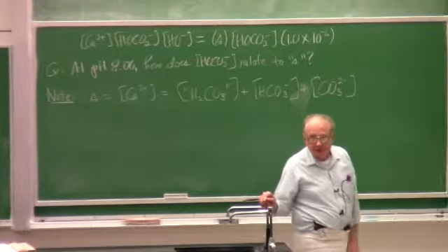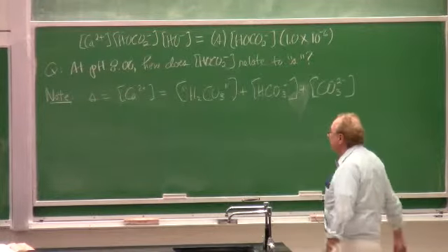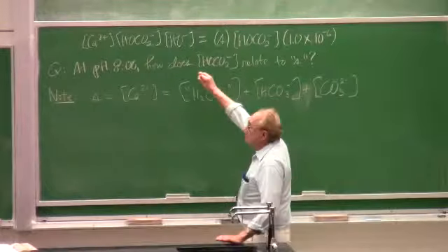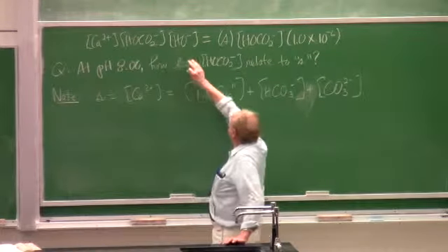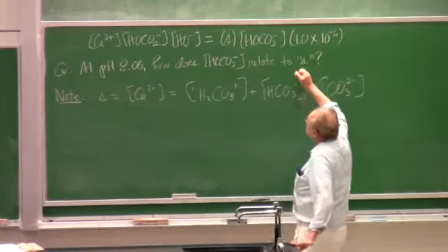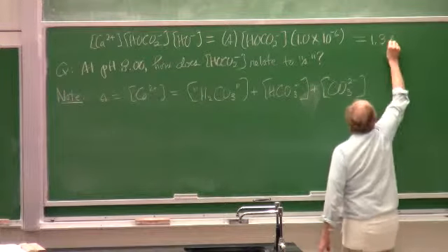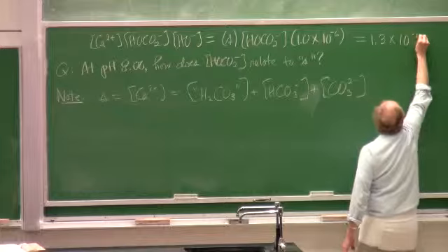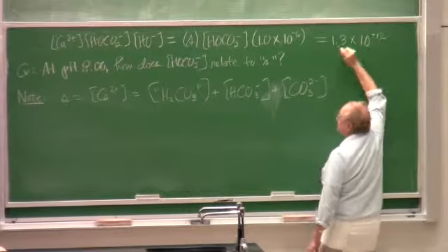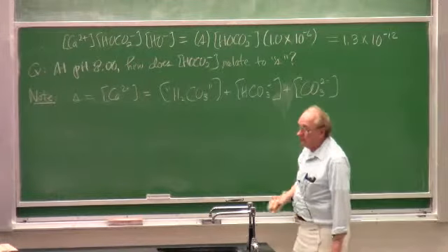Now, let's put this value to use to get at the solubility computation. Here again is the equilibrium constant expression. It's equal to 1.3 times 10 to the minus 12.